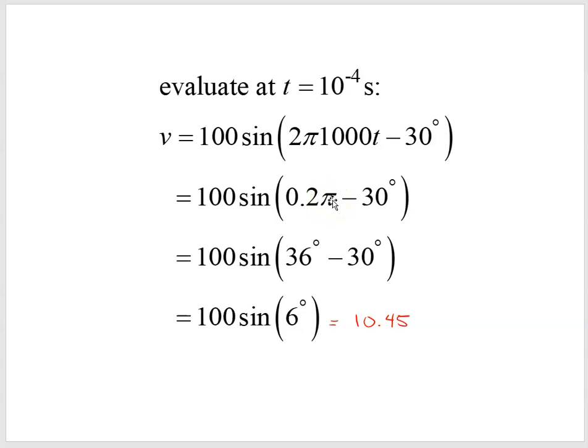Pi radians is 180 degrees, so 0.2 pi times 180 degrees divided by pi, multiplying by 1, is just 0.2 times 180, or 36 degrees. Then 36 degrees minus 30 means we're evaluating the sine of 6 degrees. You could also convert the 30 degrees to pi over 6, and you should evaluate that also in your calculator.